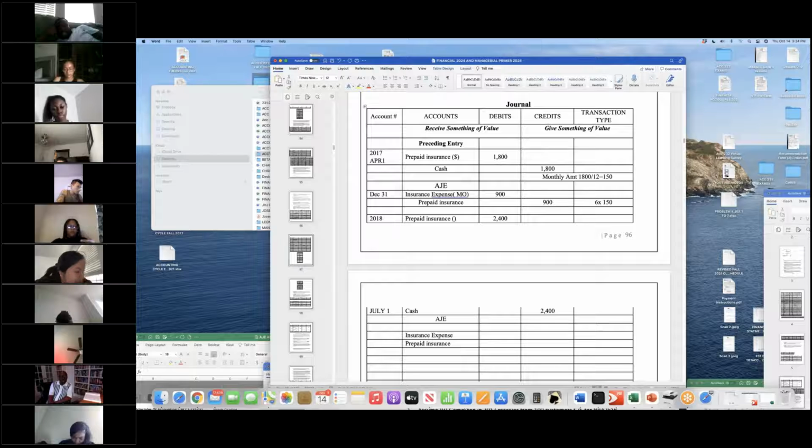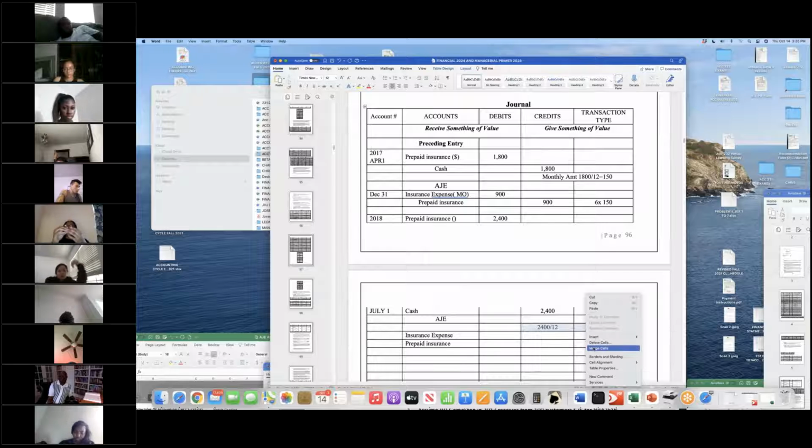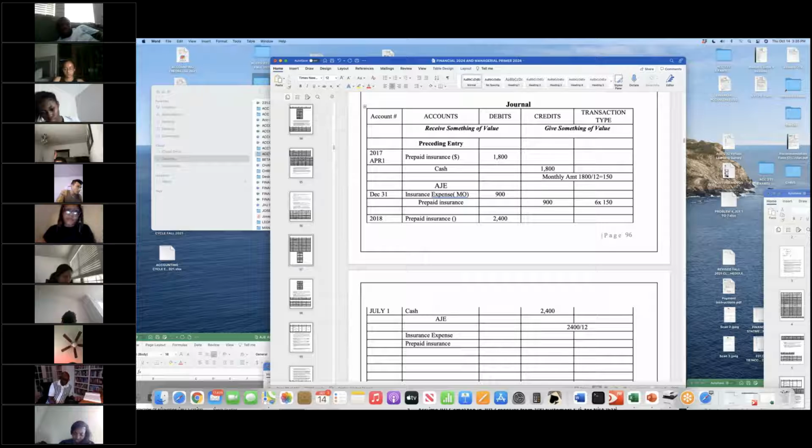So we'll put our row below, and we know that for the new one, it's going to be $2,400 divided by 12. So that's going to equal $200.